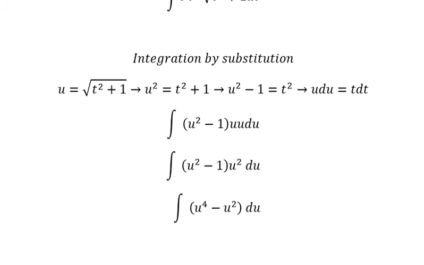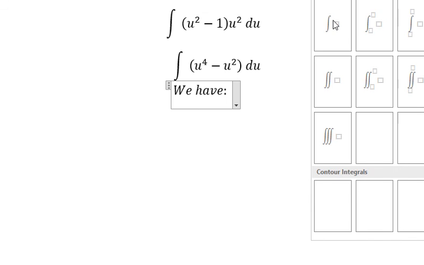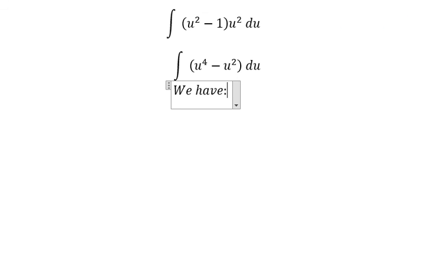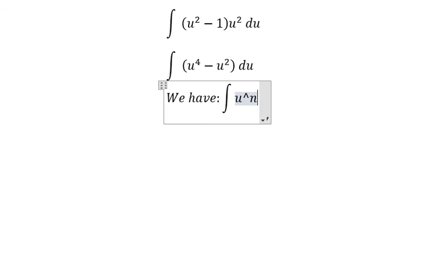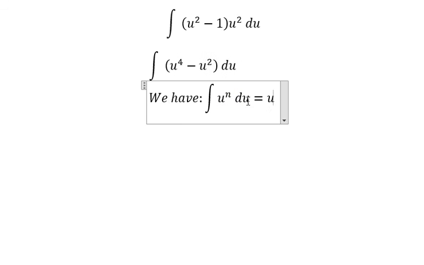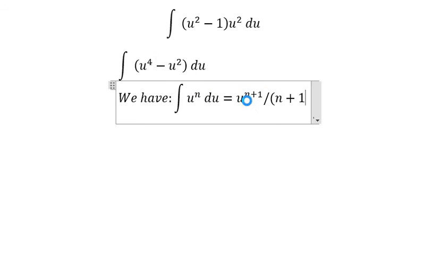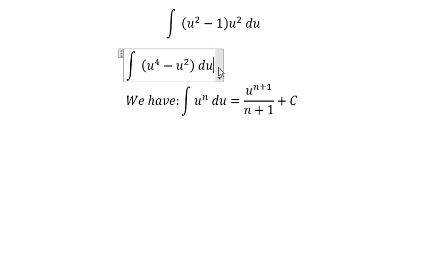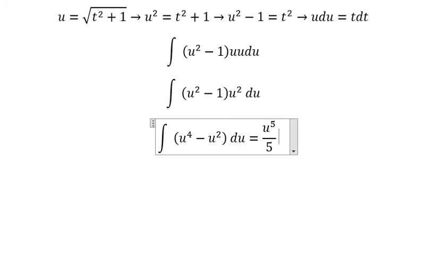Next, we have the formula in here. So we have u to the power of 4, and this one we have u to the power of 5 over 5.